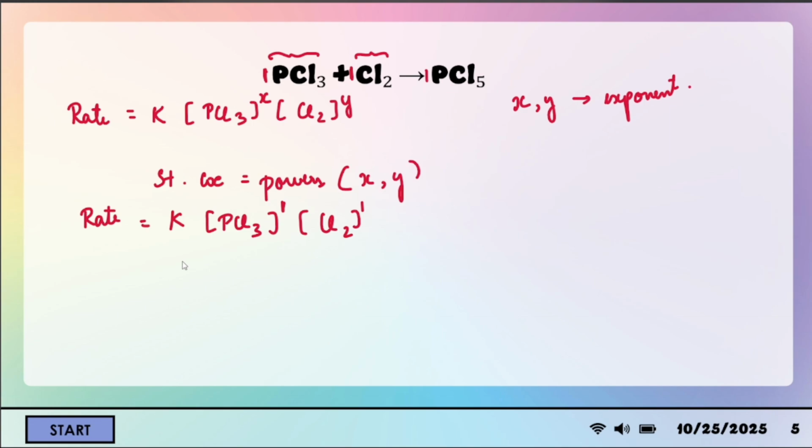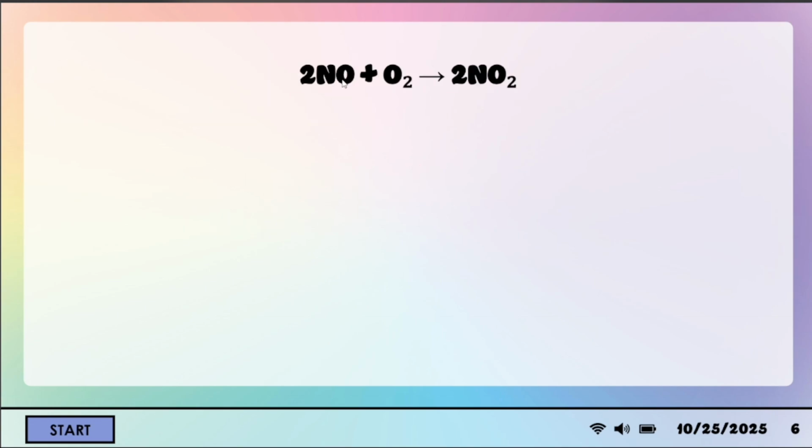So this is the rate law expression for this equation. Okay, let's see some other example. 2NO plus O2 gives 2NO2. Here, NO and O2 are the reactants. Here, the stoichiometric coefficients are 2 and 1. Okay. Now let me write the rate law expression for this reaction.